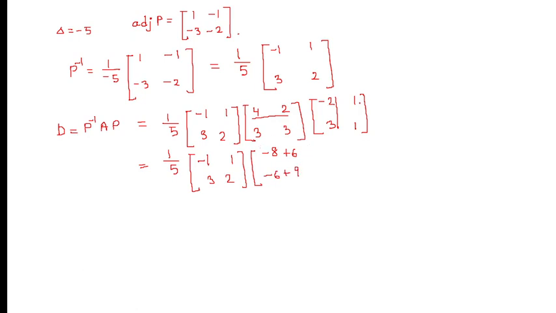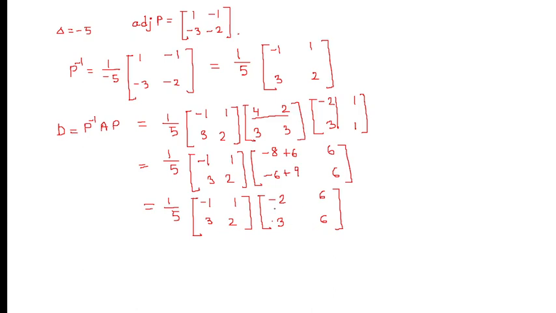Next, this and this. So this is becoming 6, and here also this is becoming 6. If we simplify, we are getting minus 1, 1, 3, 2 multiplied by minus 2, 3, 6 and 6.